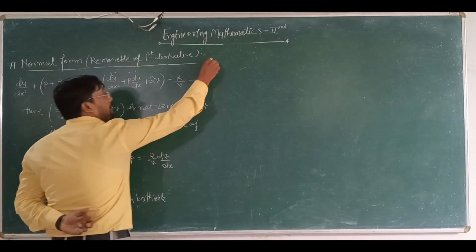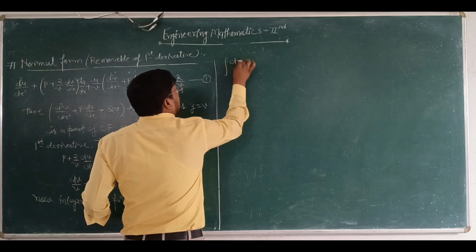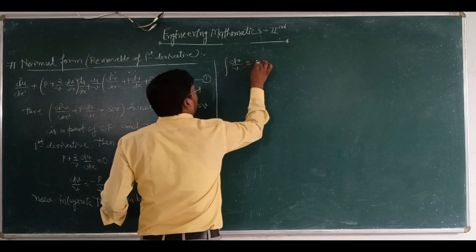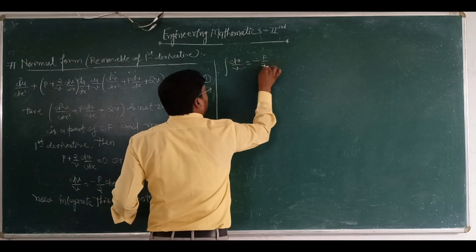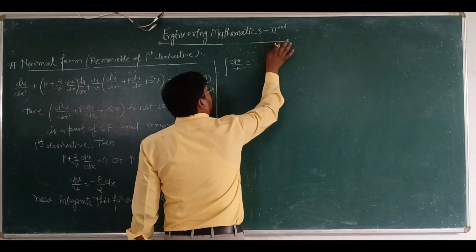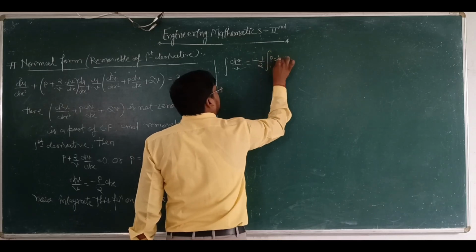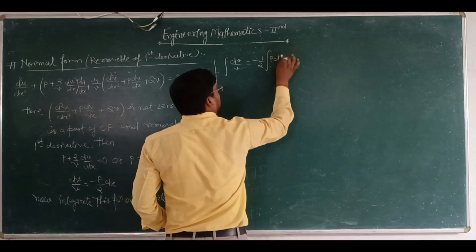You can write integration dv by v is equal to minus 1 by 2 integration p dx.